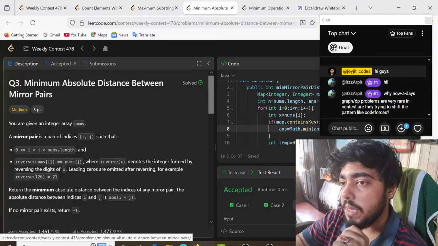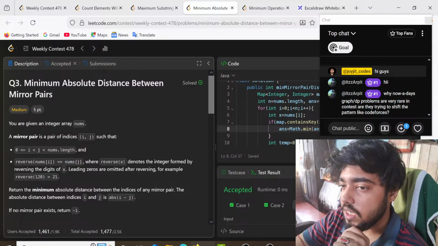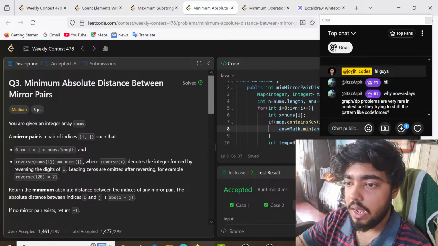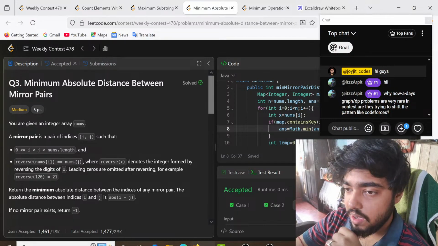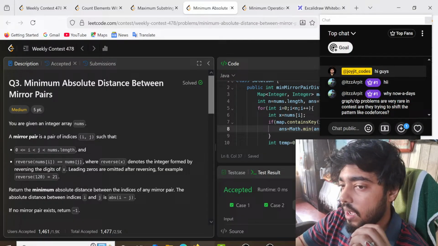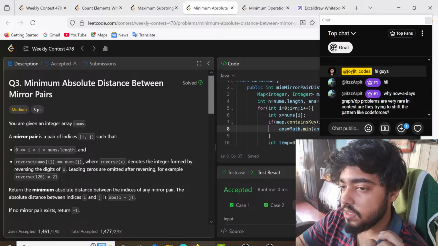The third question is minimum absolute distance between mirror pairs. You're given an integer array nums. A mirror pair is a pair of indices i, j, such that i and j are both within nums length, and reverse of nums[i] is equal to nums[j]. And you know what the reverse is? It's just reversing all the digits in it and excluding the leading zeros.